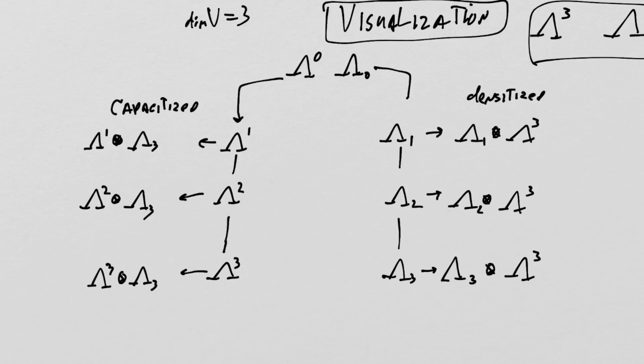The duality relationship without a metric present, so we're not talking about Hodge duals here, will take 3 to, we'll connect these guys, and it will connect these guys, and it will connect these guys.